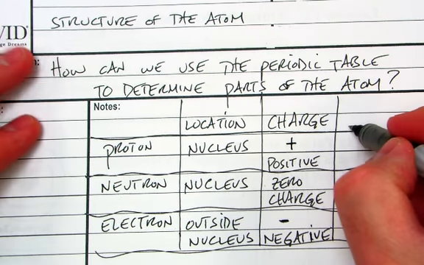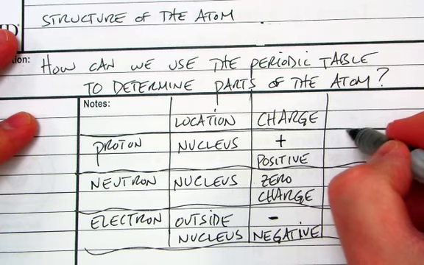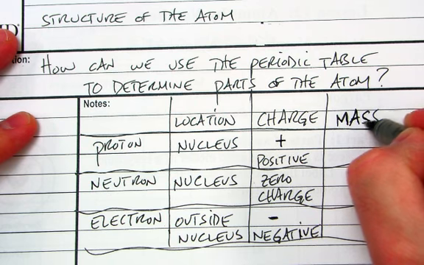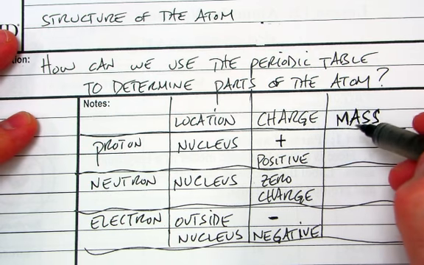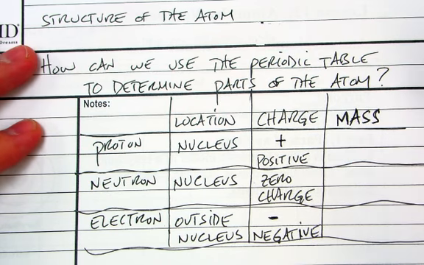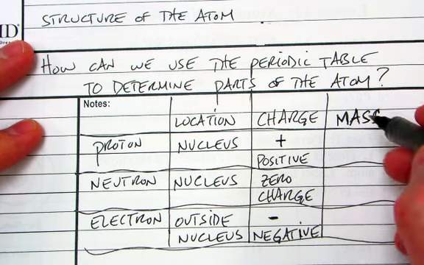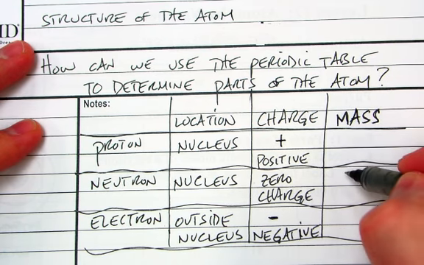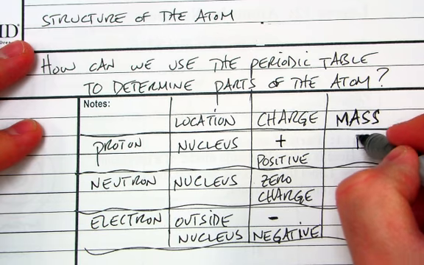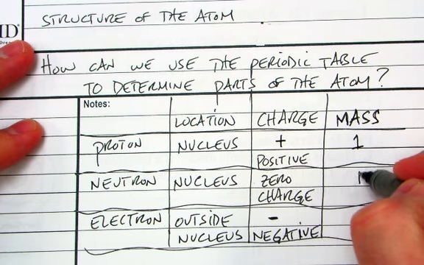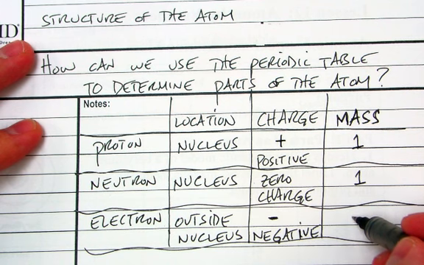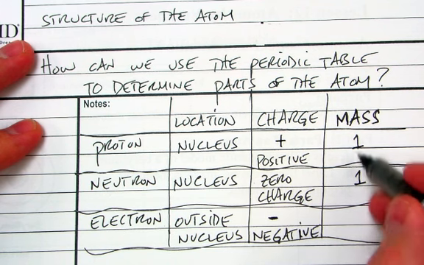And then also we're going to talk about their mass. Now, the mass of a proton is super, super tiny, so we can't describe it in grams. It'd be a number that's so small it wouldn't be meaningful to us. So what we've got is almost a relative mass. Protons and neutrons have a mass that is pretty much equal to each other. The electrons are really, really small, even in comparison to protons and neutrons.